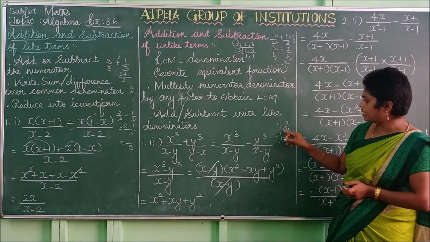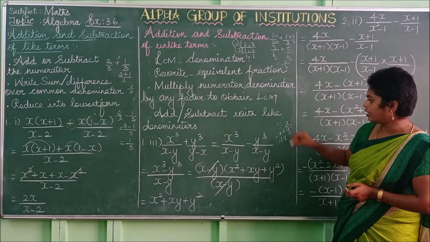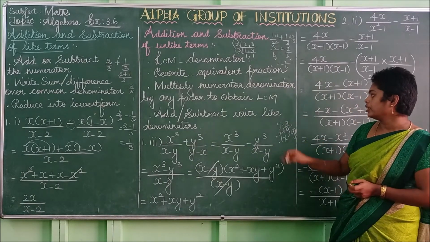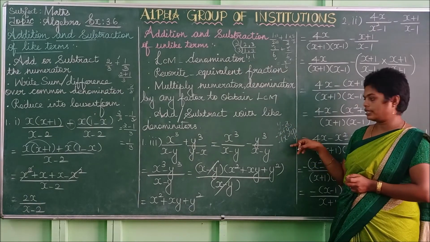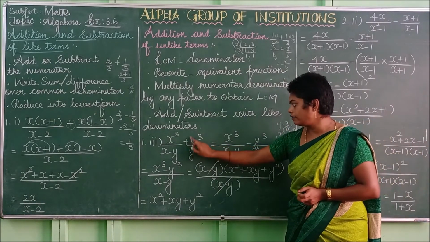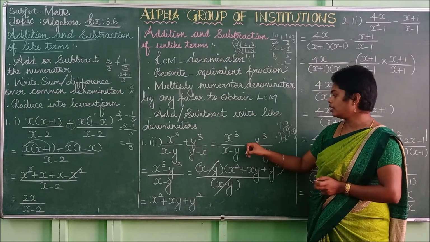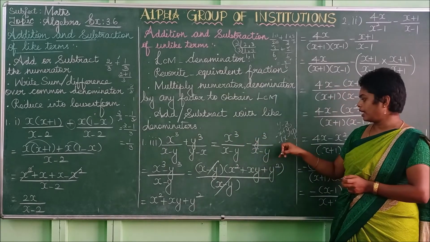The plus can be written as minus into minus. I have taken 1 minus outside, so another 1 minus will be there. So that can be written as x minus y. This y minus x can be rewritten as minus of x minus y. So for that this sign will be changed. If you take this minus outside, then this will come here. So plus can be rewritten as minus.